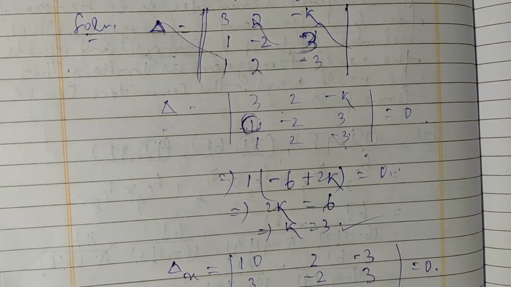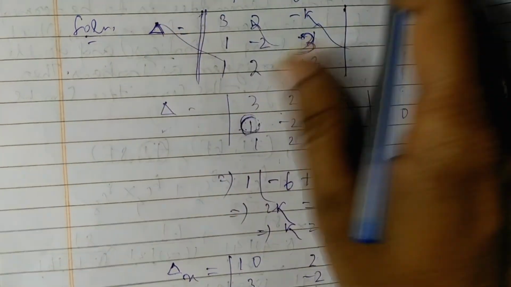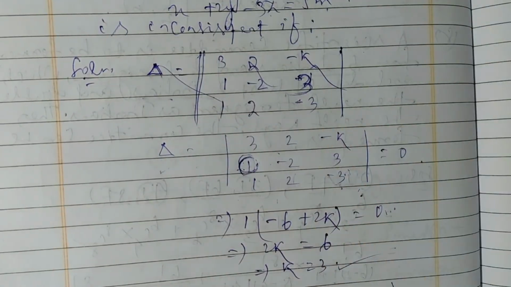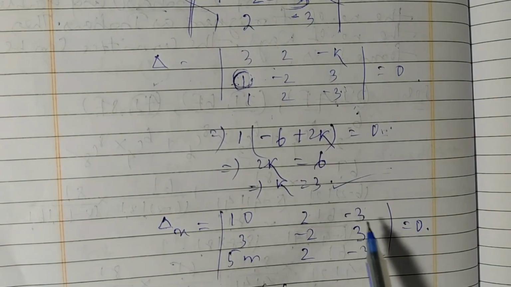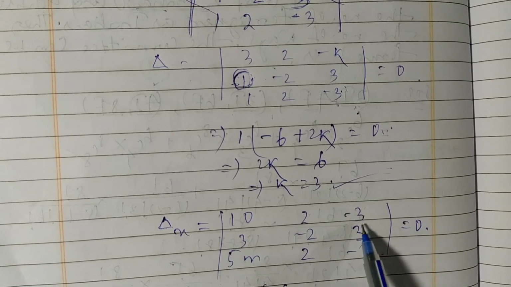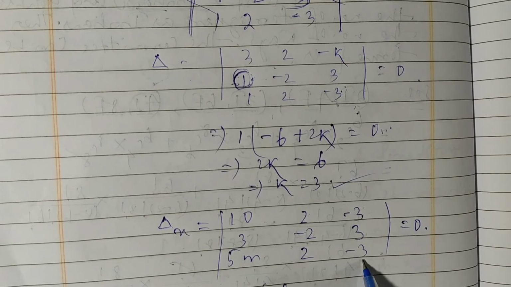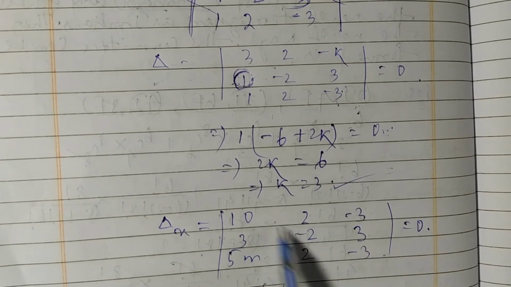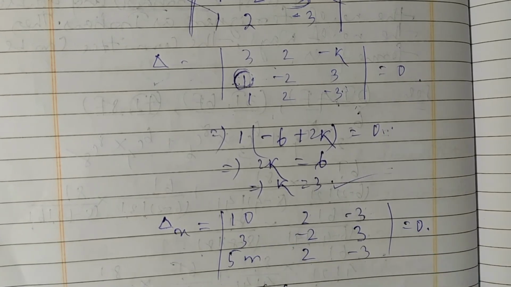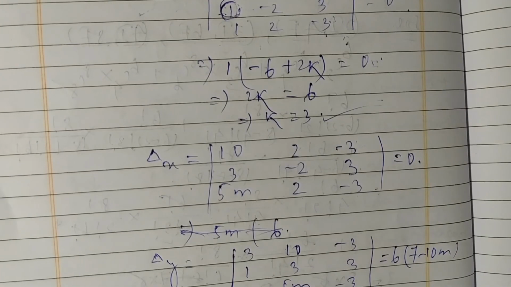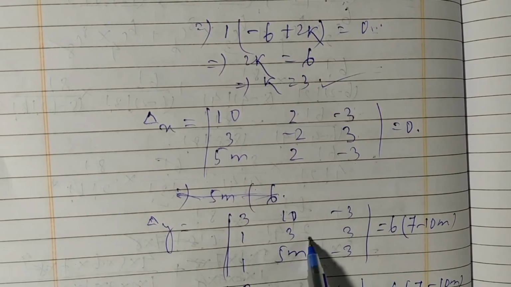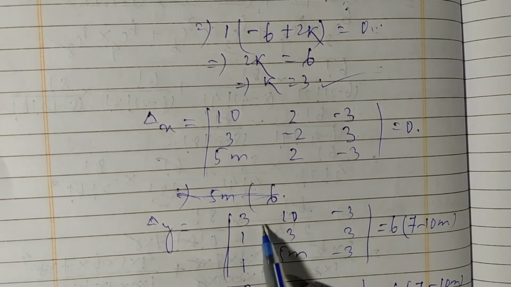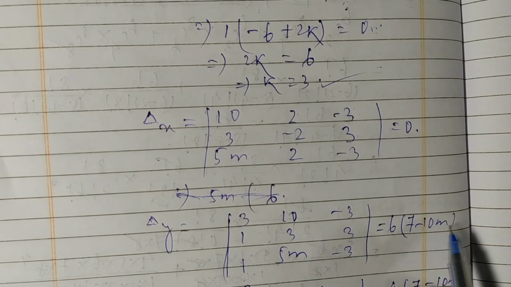Delta x is equal to: in place of the x column we take the right-hand elements, that means 10, 3, 5m; minus 2, minus 2, 2; minus k, 3, minus 3, where the k value is 3, so it becomes minus 3. When we expand, it comes to 0. Delta y has columns 3, 1, 1; 10, 3, 5m; minus 3, 3, minus 3. When you expand, it will be 6 whole into 7 minus 10m.